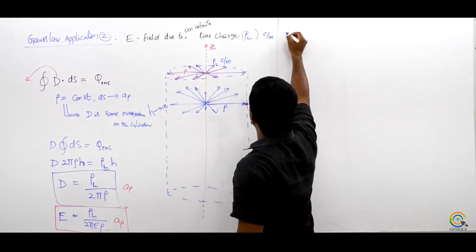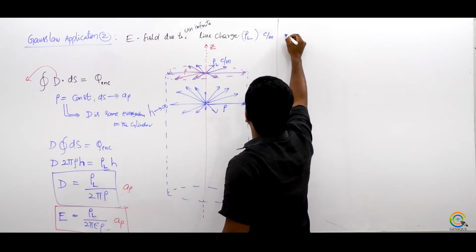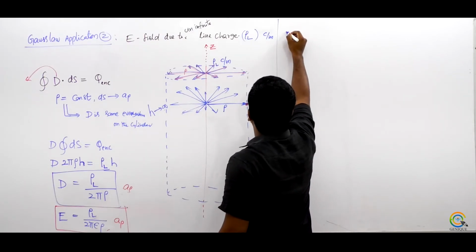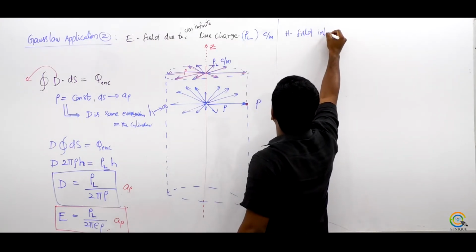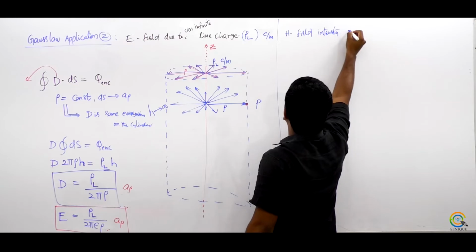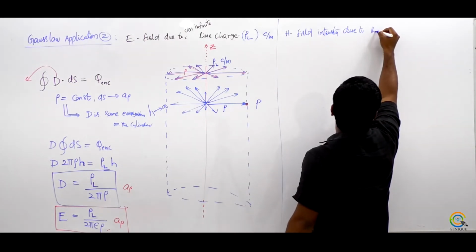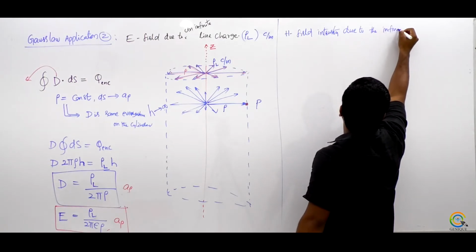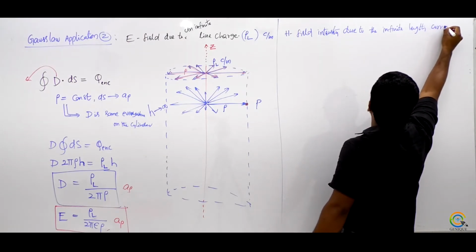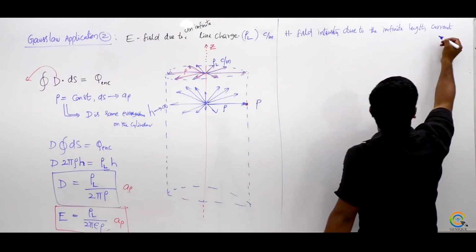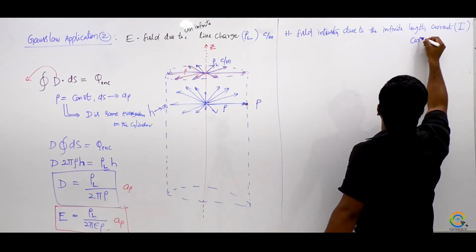Suppose if you want to find the same kind of cause in the magnetic field, the second one is the H field: the magnetic field intensity due to the infinite length current I carrying wire.